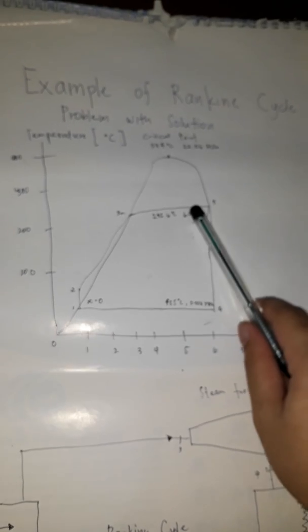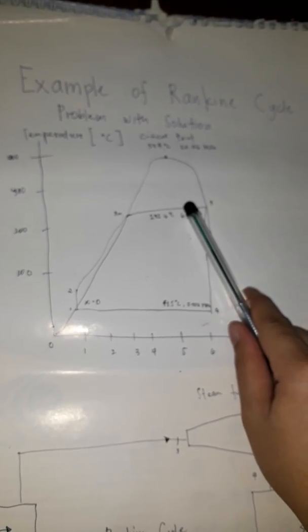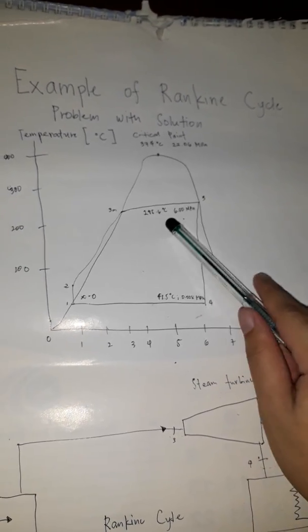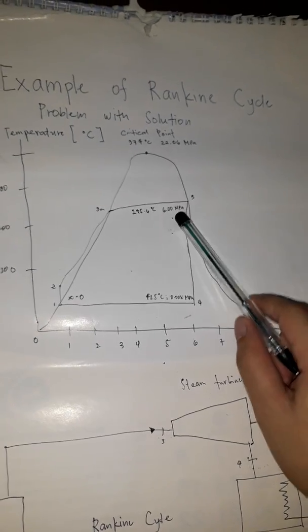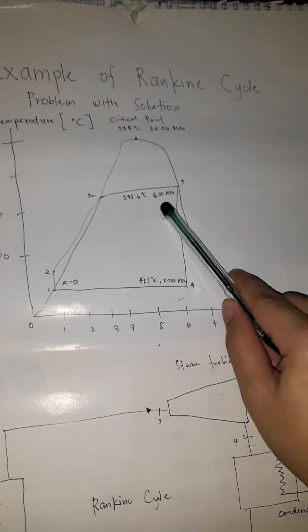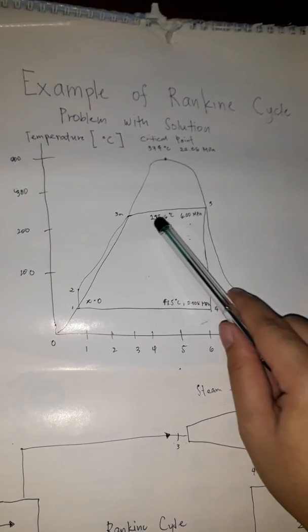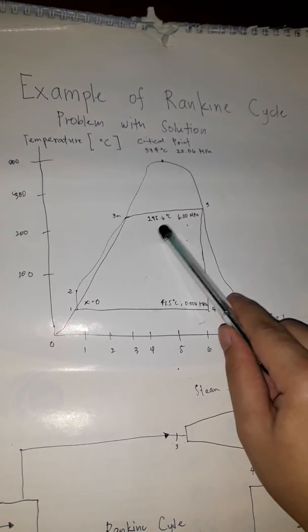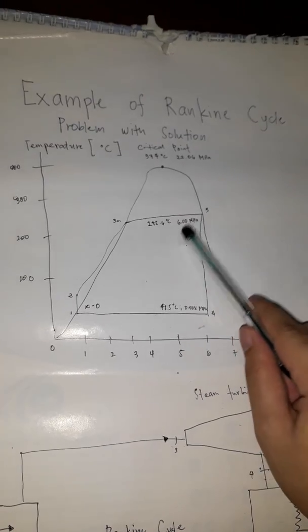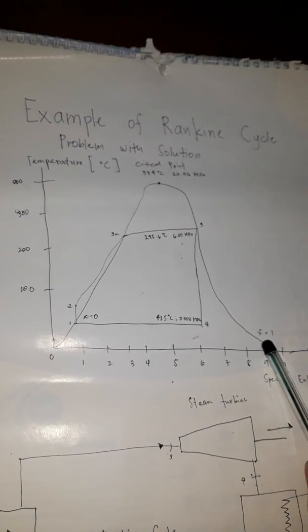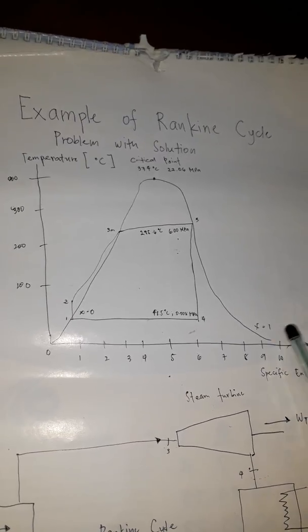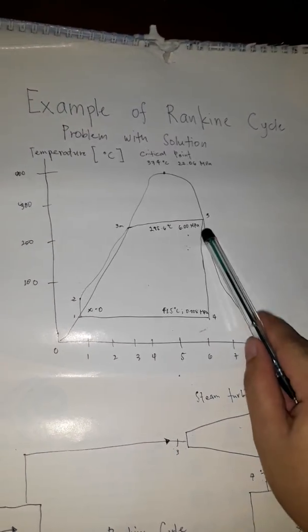In the TS diagram, the turbine operates at steady state with an inlet condition of 6 MPa, temperature of 275.6 degrees Celsius, with dry steam x equal to 1 at point 3.